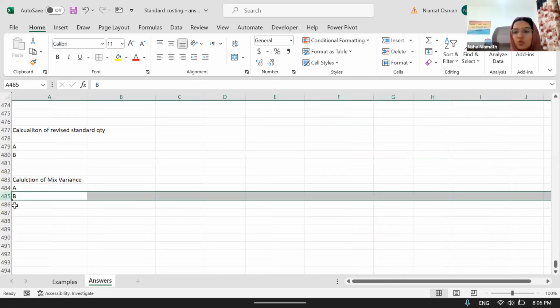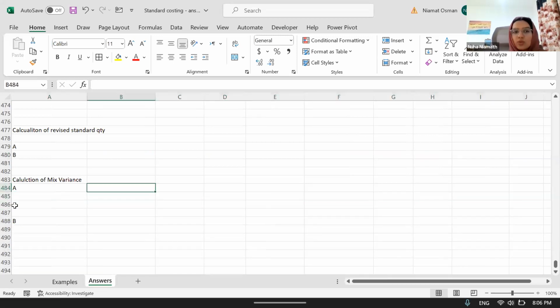Okay, so let's do it for A. So what did you say? It is RSQ minus AQ into SP or AP? SP. Correct.